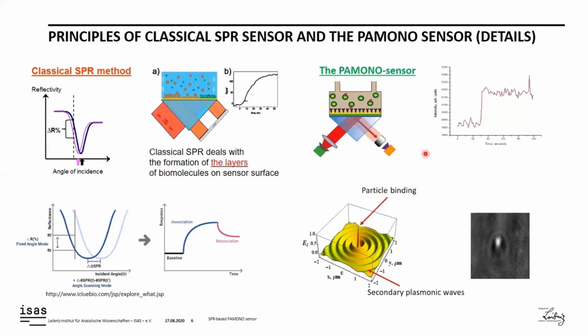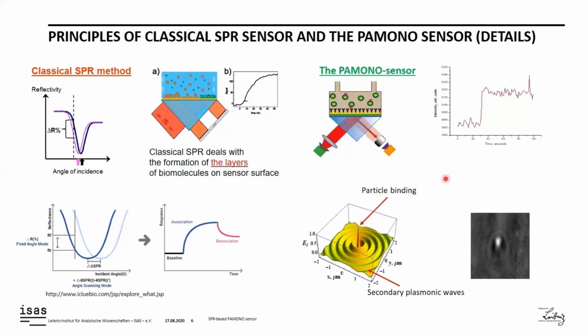In spite of what was previously mentioned, that an SPR-based sensor cannot detect the binding of single viruses or virus-like particles, a theoretical opportunity for such detection existed, and after certain technical improvements, it was possible to develop a sensor which actually can detect the binding of individual viruses or virus-like particles.